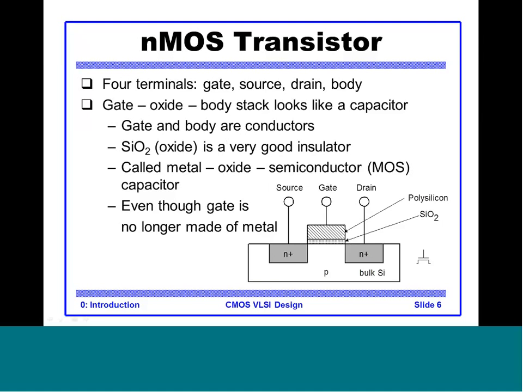If you see, the body of the device, that is the substrate, and the gate are conductors. Silicon dioxide is the insulator. That is why it is called metal oxide semiconductor. Although in today's technology the gate is no longer made of metal. It is made of polysilicon, which is a variety of silicon that is a very good conductor, just like copper metal.